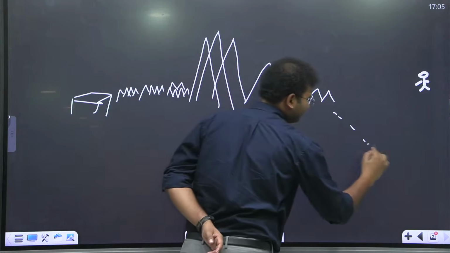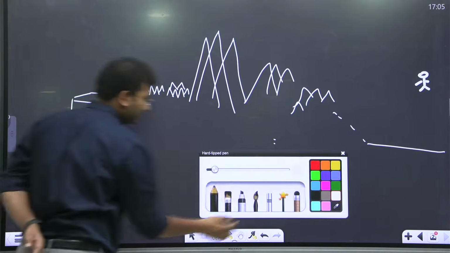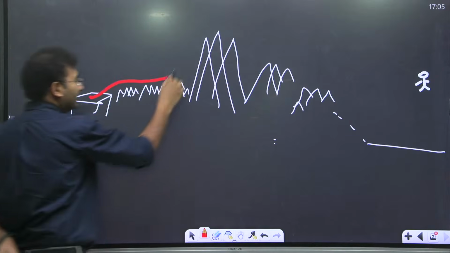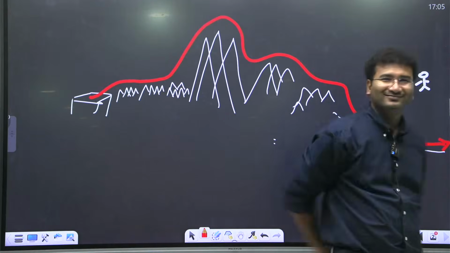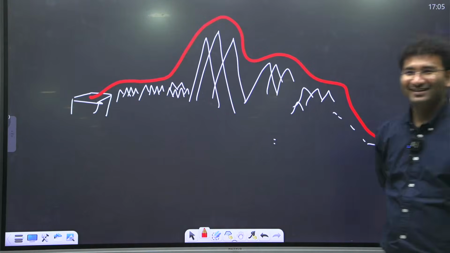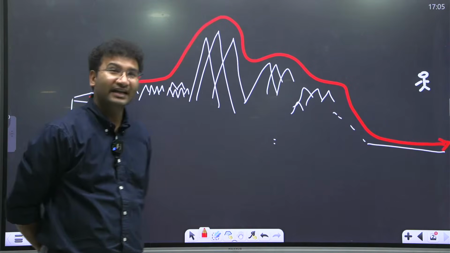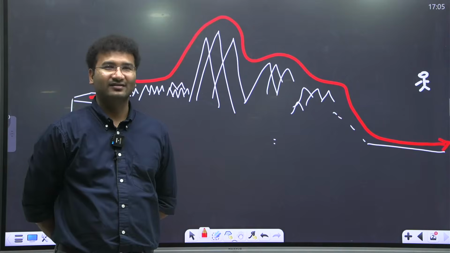This is your northern plains, right? So in this northern plains, look here, a river which is originating, is it going like this and coming? So if a river is actually moving against the slope, that is called antecedent rivers.